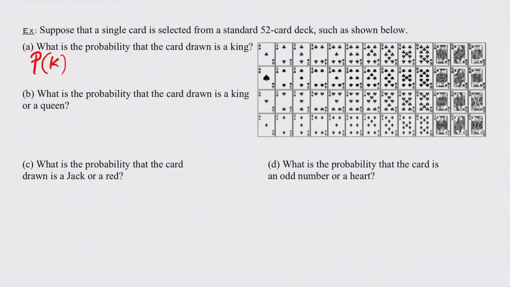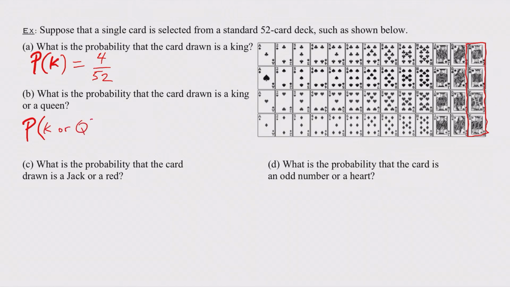And since they're disjoint, the probability of picking a card that is both a king and a queen will be 0. So we'll just simply add these two. We have 4 kings, 4 queens, and 52 cards altogether. So 8 over 52.